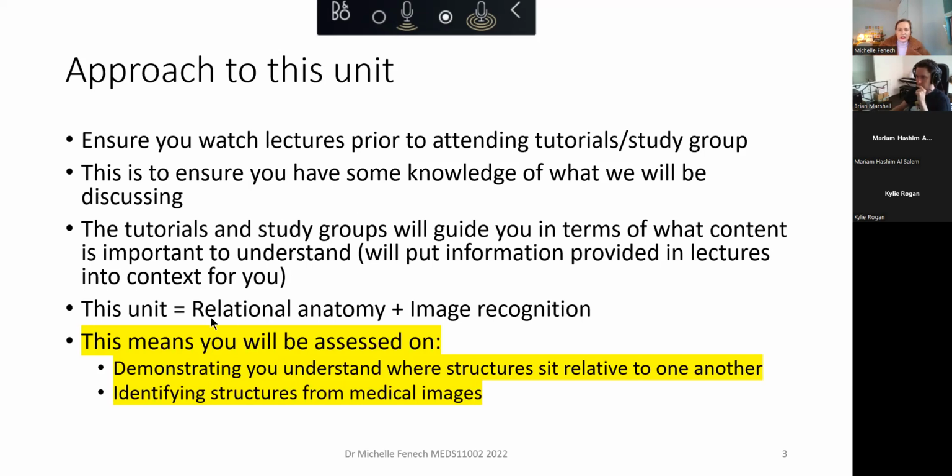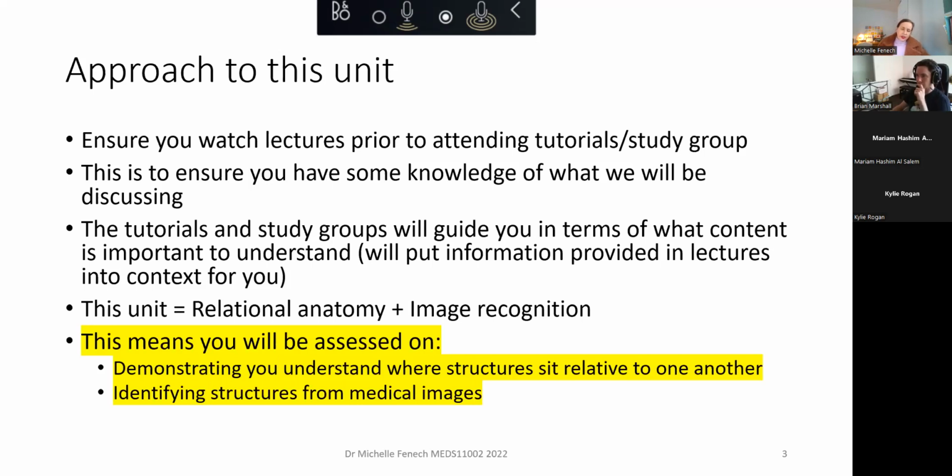As I said, this unit is relational anatomy and image recognition. So this is understanding where structures sit relative to one another. Does a structure sit more superficial or deep, anterior or posterior, or is it more lateral or medial? Is it closer to the midline?